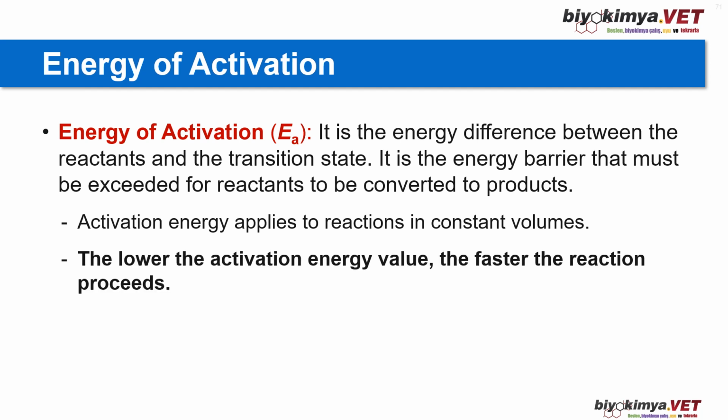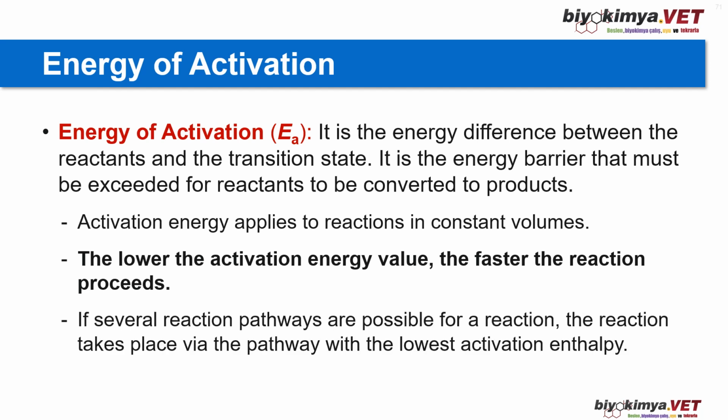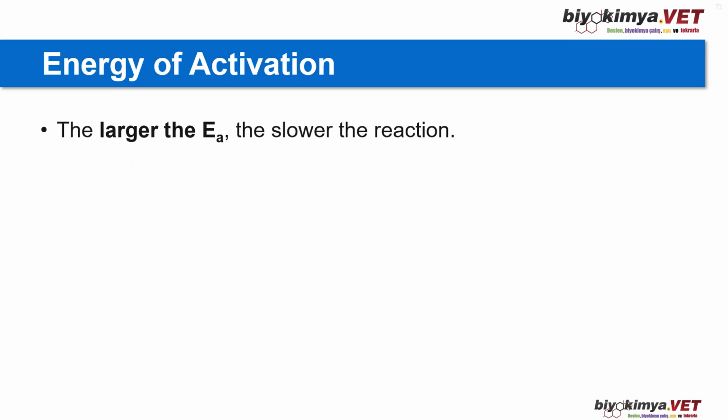The lower the activation energy value, the faster the reaction proceeds. If several reaction pathways are possible for a reaction, the reaction takes place via the pathway with the lowest activation enthalpy. And the larger the energy of activation, the slower the reaction.